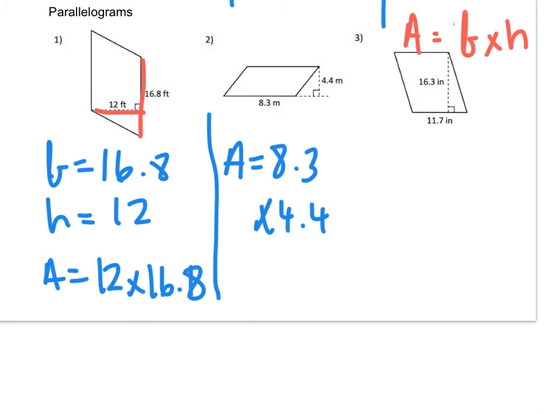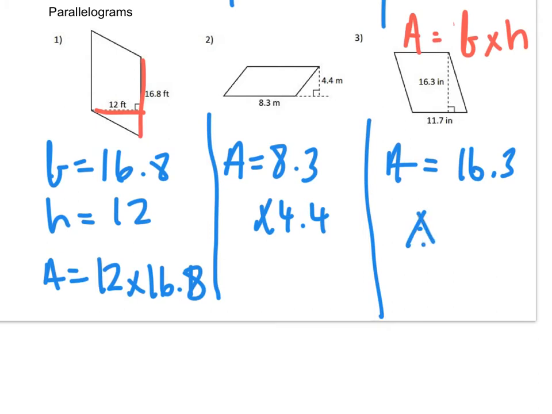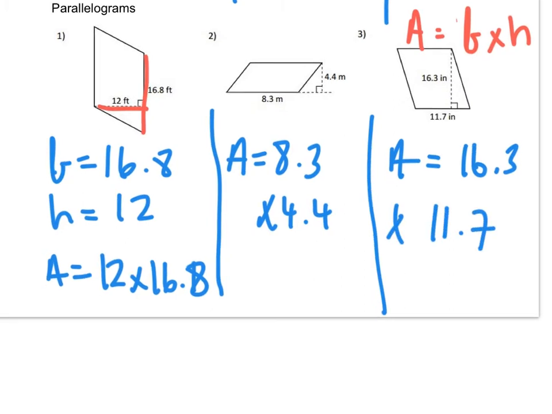It goes from the side that the 8.3 is on, now when the side is extended, but that's how it works. And then the last one here, we have the 16.3 and the 11.7. Just plug them into a calculator or multiply them out. We know how to multiply, and that will give you the answer. Okay, that's parallelograms.